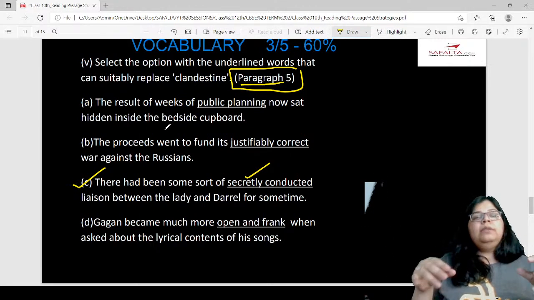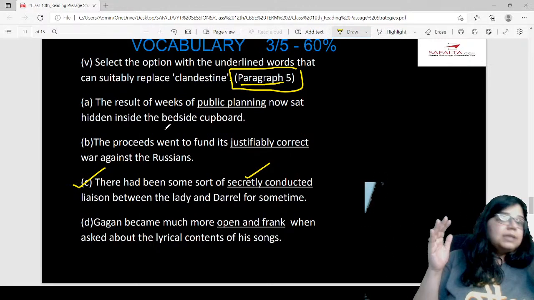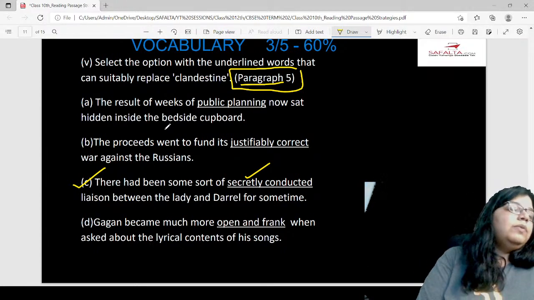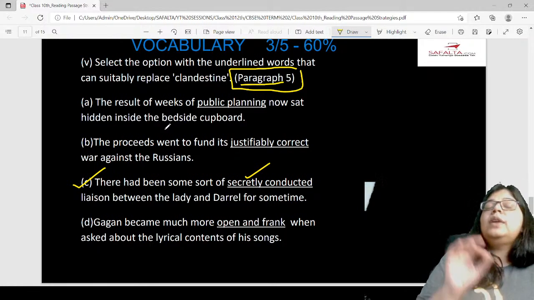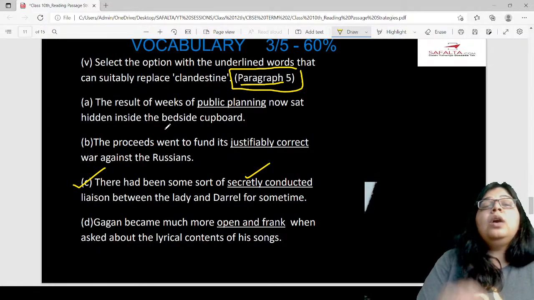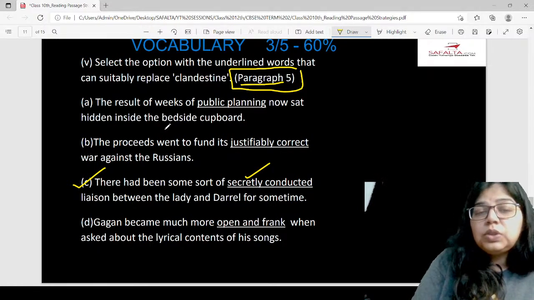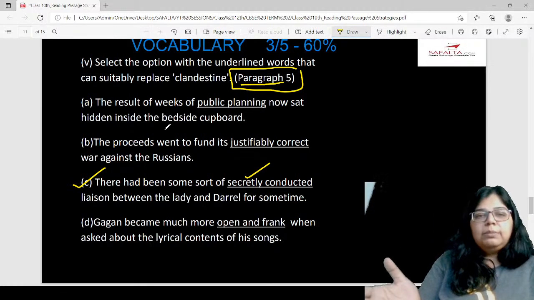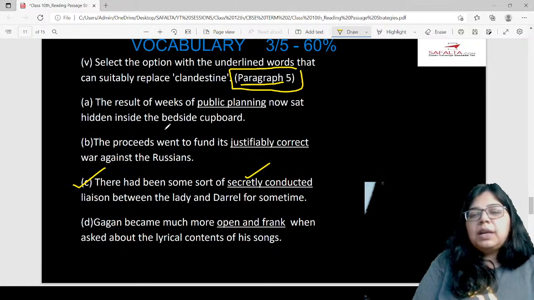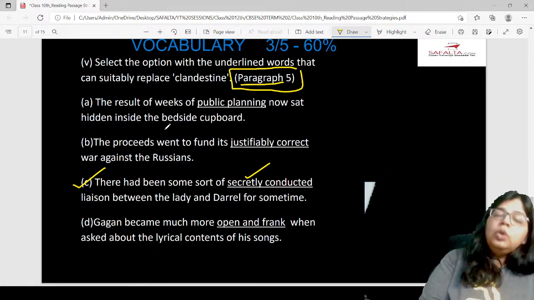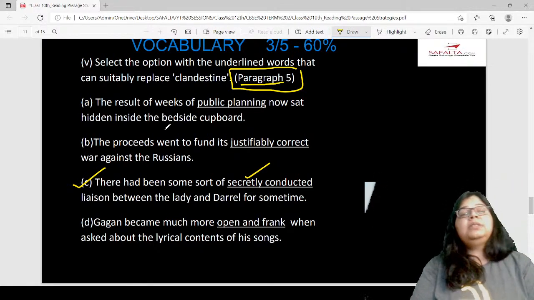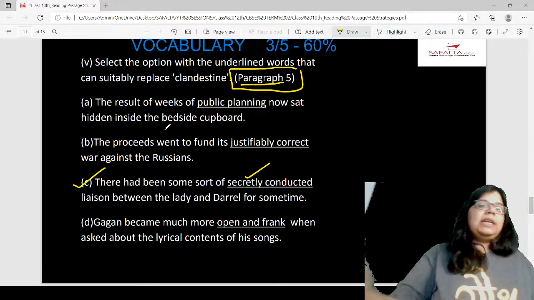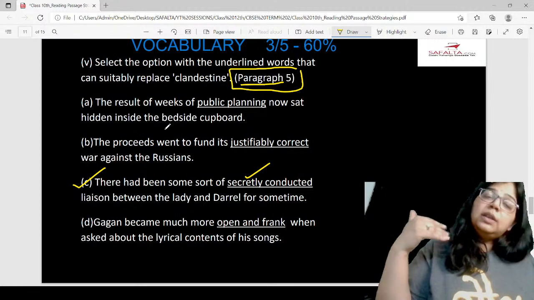In vocabulary, where the chances of losing marks are highest, even if I don't know the answer, even if I feel I'm wasting my time, whatever it may be, we are going to attempt these questions, because they are ready marks, because there is no negative marking in CBSE. If there is no negative marking in CBSE, I may choose the wrong option, but there is also a likely possibility that I may choose the correct option.